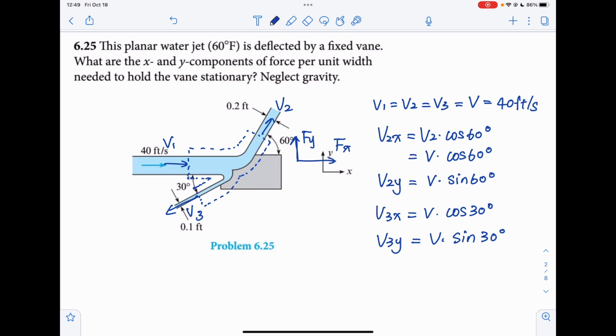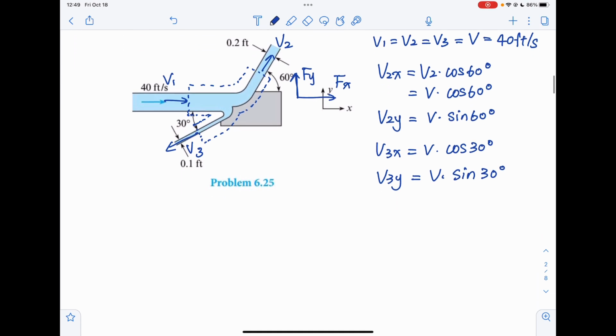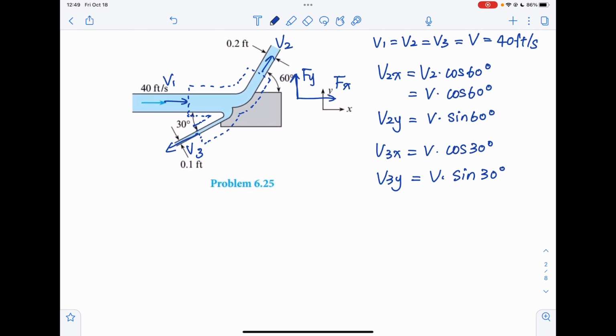Okay. Because of the continuity equation, we'll have Q1 equals Q2 plus Q3. If we expand that, we'll have V1 times A1 equals V2 times A2 plus V3 times A3.